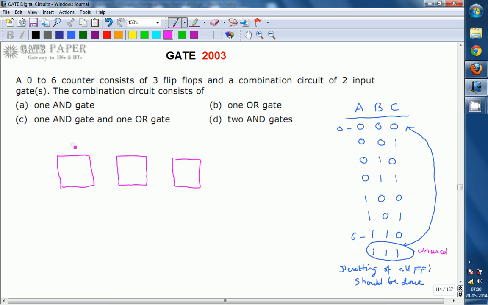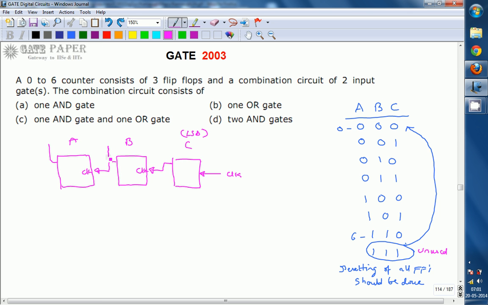This is A, this is B, this is C. A clock pulse will be given to the LSB flip-flop only, and the output of the LSB acts as the clock for the next one, and the output of B acts as the clock for the next one, that is the MSB. So now you have the A input, B input and C input.